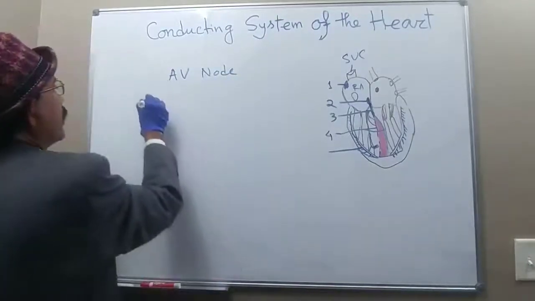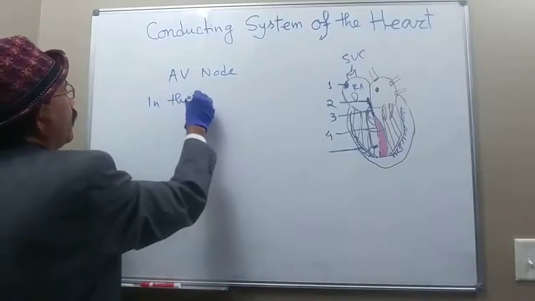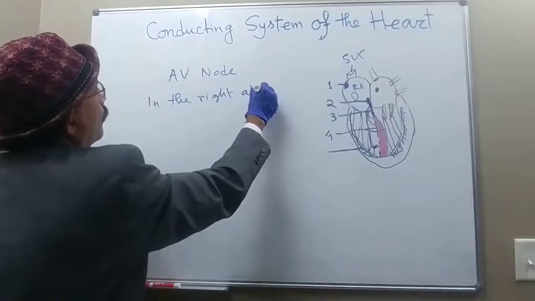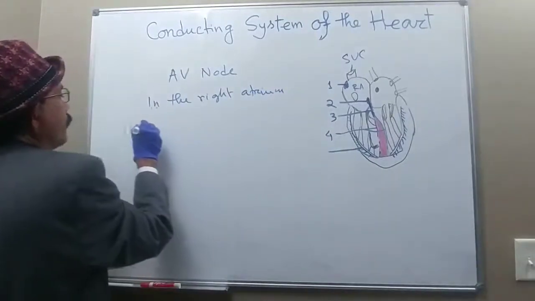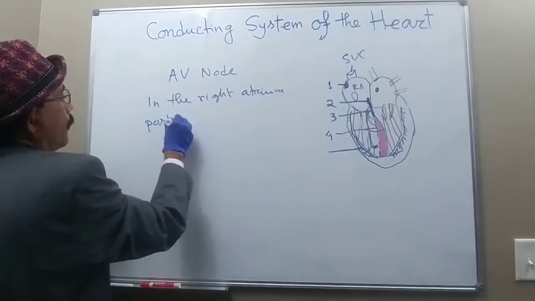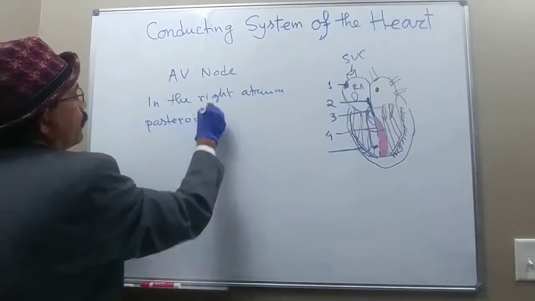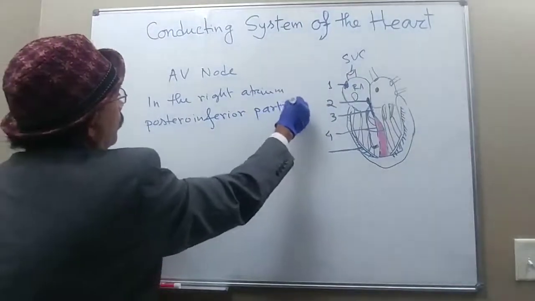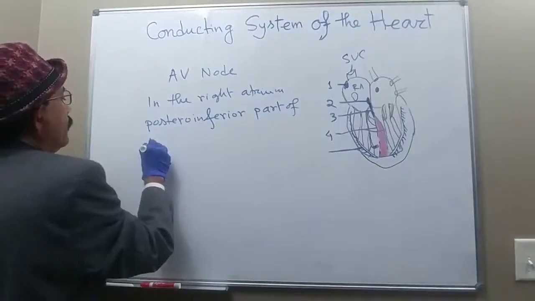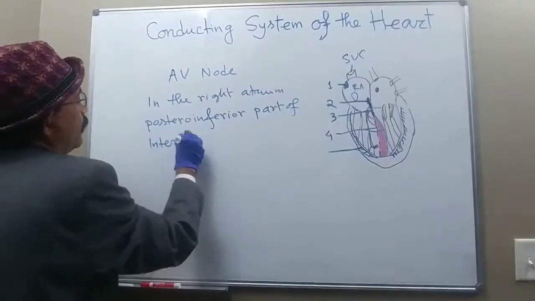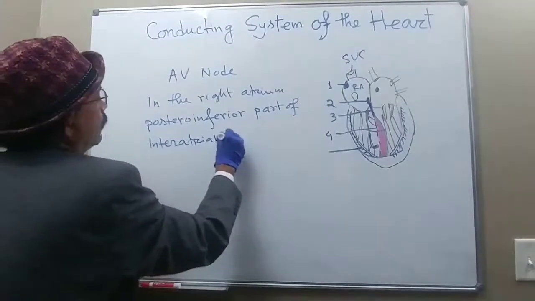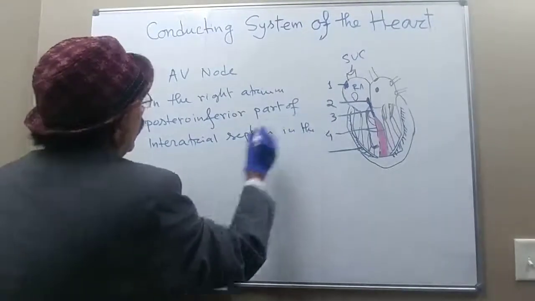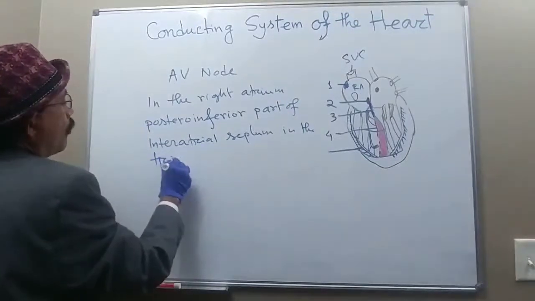It is also in the right atrium, in the posterior inferior part of the interatrial septum, in the triangle of Koch.